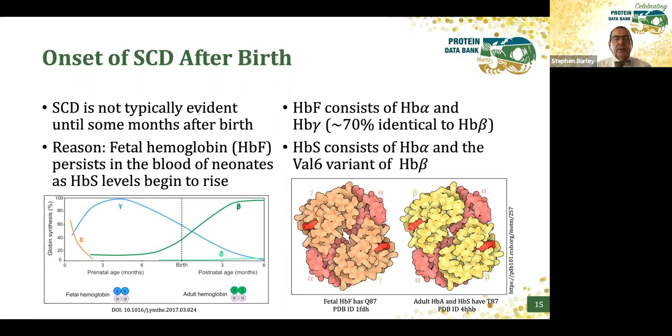And the reason that it has fetal hemoglobin is that it has to compete effectively with the mother's hemoglobin to get oxygen. And the affinity of fetal hemoglobin for oxygen is higher than that of hemoglobin A, the normal hemoglobin that I told you about. And so this ensures that in utero, the baby is able to get enough oxygen.